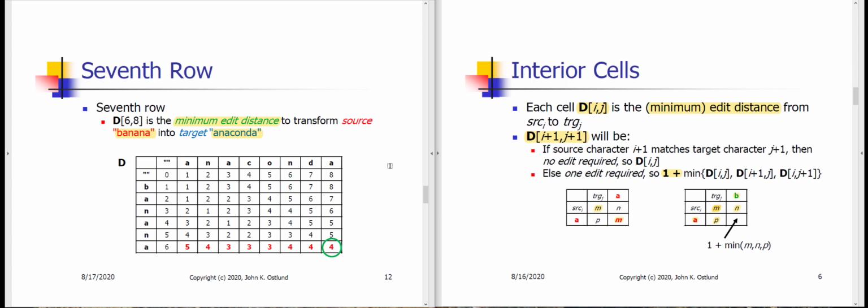Now, I did a little bit of hand-wavy backtracking for a couple of examples, but let's convert our backtracking algorithm to make it a little more systematic so that we can just read out from this array D what edits we have to do in order to convert banana to anaconda with the minimum number of edits.